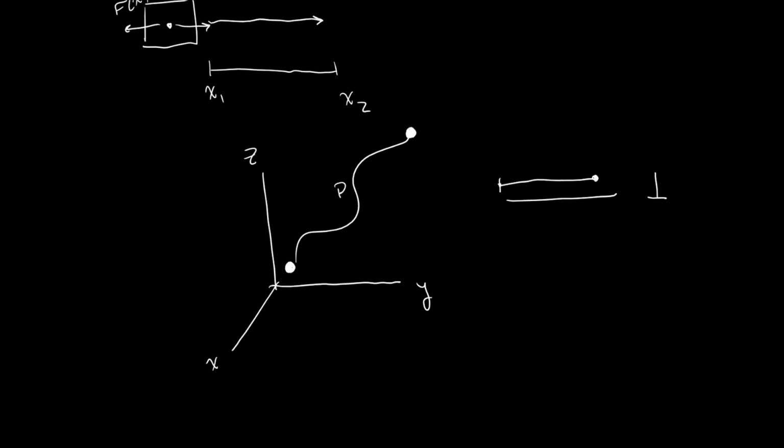In the y direction, it starts here, and then maybe moves to here. And then in the z direction, it may move some direction here. So I tried to draw these a little bit creatively so that they're all independent, but hopefully you get the idea.